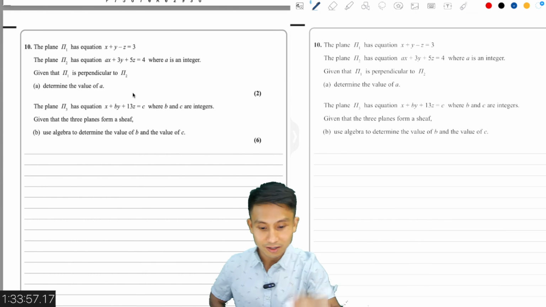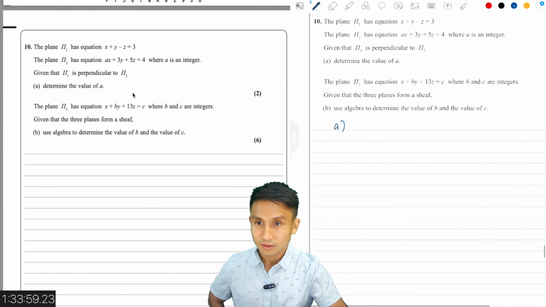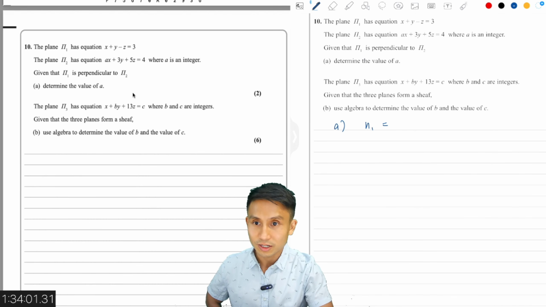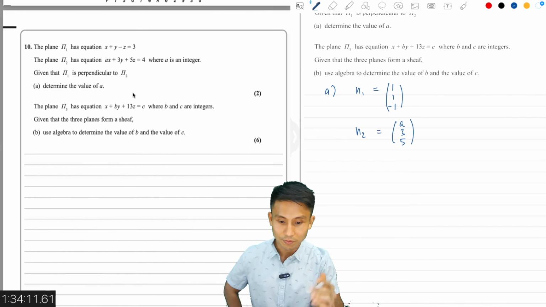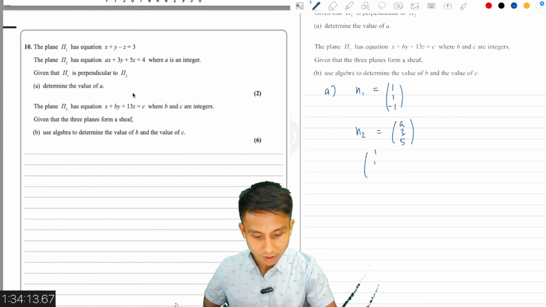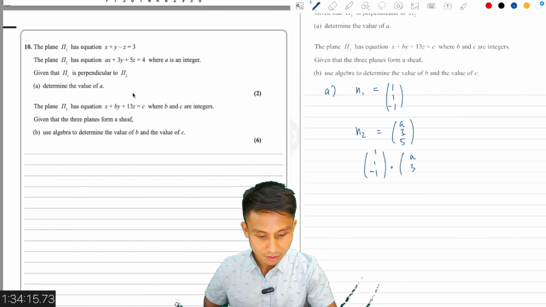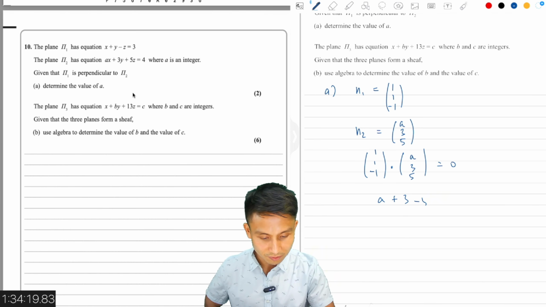The normal vector of plane 1 is just 1, 1, and minus 1. The normal vector of plane 2 is A, 3, and 5. They are perpendicular, so that means 1, 1, minus 1 dot A, 3, 5 should be 0. So A plus 3 minus 5 is 0, so A is 2.